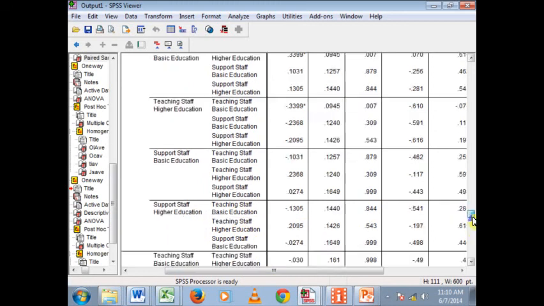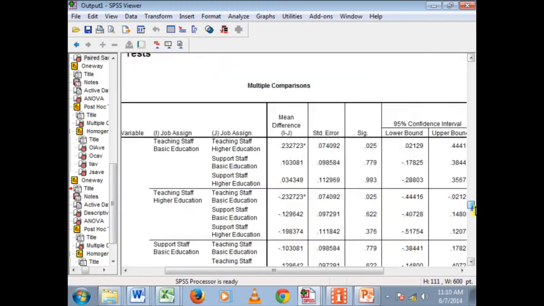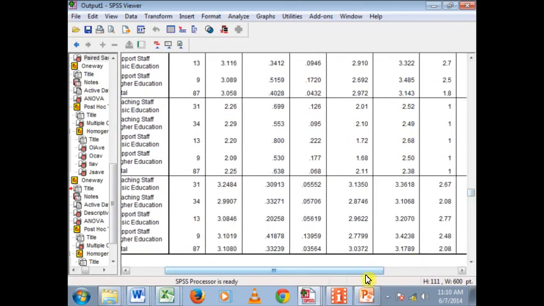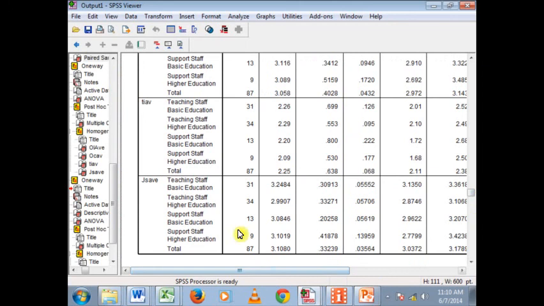Let us see their mean. Okay, the mean of the teaching staff in the basic education in terms of job satisfaction is 3.2. The mean for the teaching staff in the higher education is 2.9.